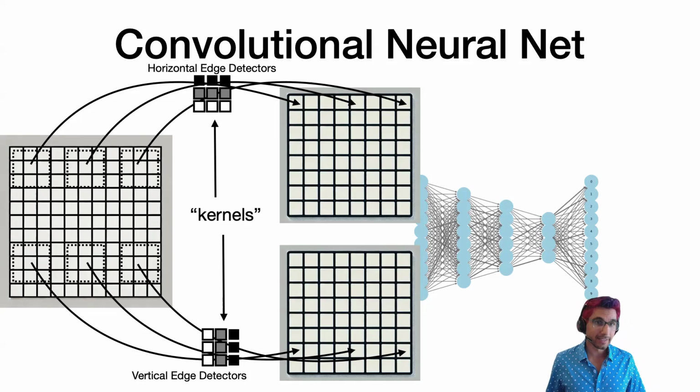And introducing these little kernels that get repeated at every single segment of the initial set of pixels meant that more data passes through the neural net. There's more neurons at these higher levels. But instead of making it more complicated, it actually makes it simpler to train because you only have to train 9 weights for this kernel to then get a whole grid of information at the next level, as opposed to training 1,000 weights for one pixel and 1,000 weights for another neuron and 1,000 weights for another neuron.